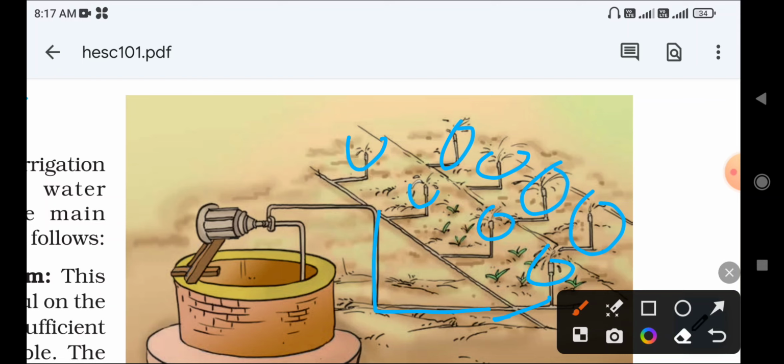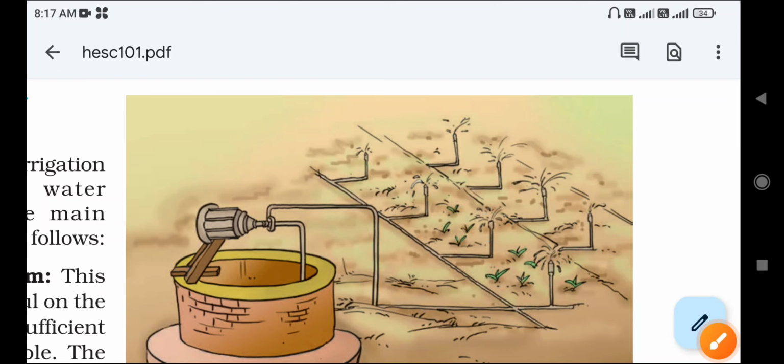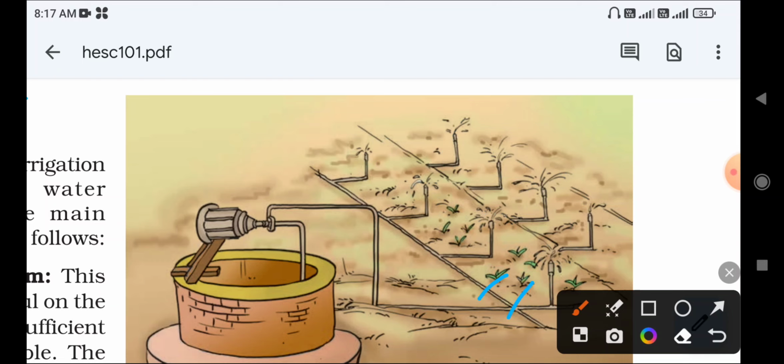So these nozzles provide water to each crop surrounding them. On top of the pipeline, the farmers place a nozzle. That nozzle rotates and sprays water on the surrounding crops. The crops get the water and grow very easily.